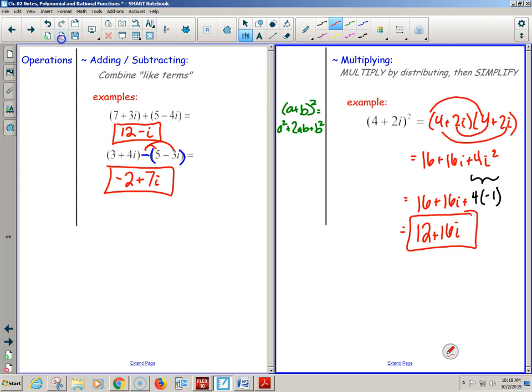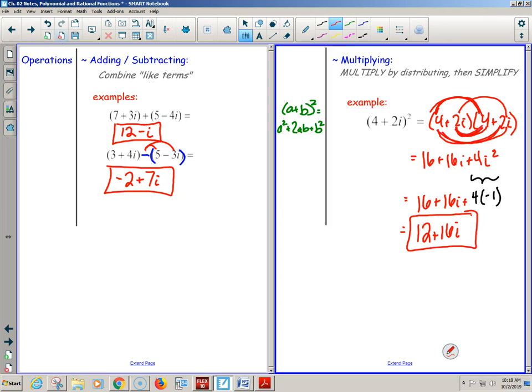Plus 8i plus 8i made my 16. And then 4i squared. So I did my first and outer, and so it was all 4. It was 4 times 4, and then my 8i plus 8i.